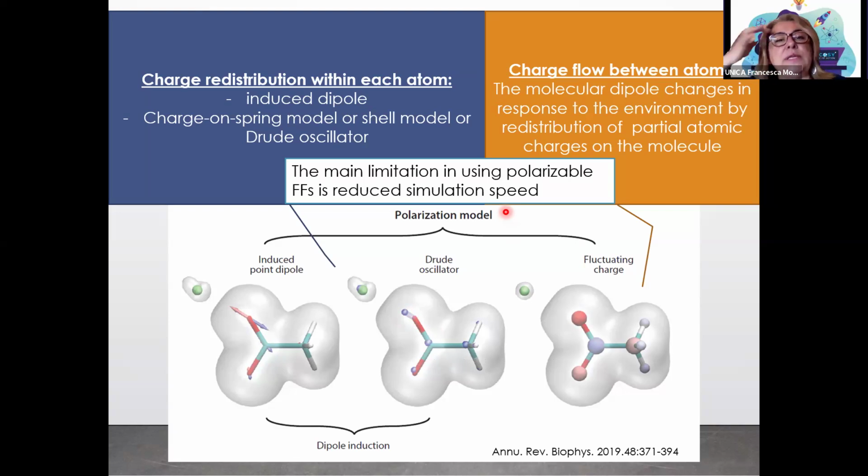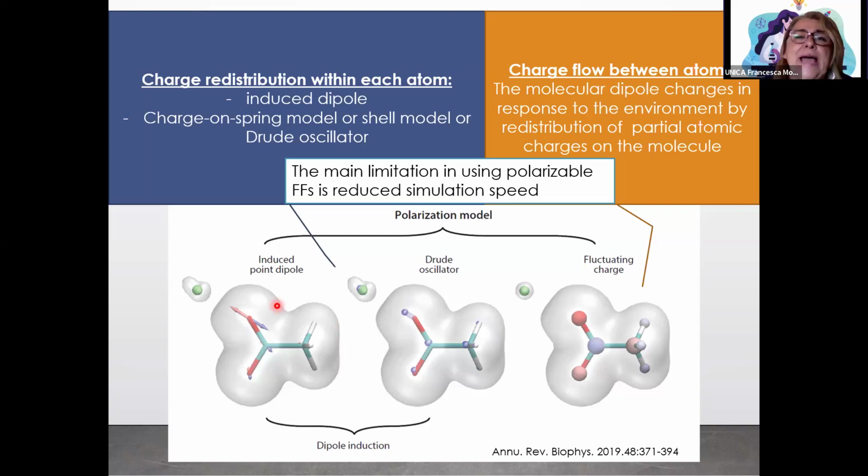The main limitation in using polarizable force fields is the reduced simulation speed. Because clearly, in principle, using a polarizable force field is a more accurate description of the distribution of charge in the molecules. However, polarizable force fields are very costly.